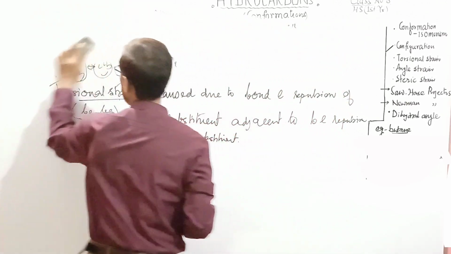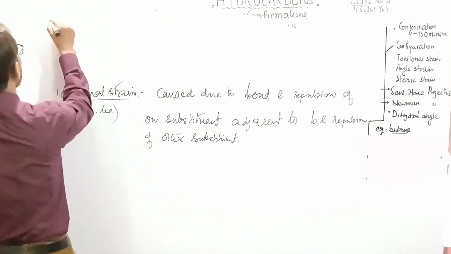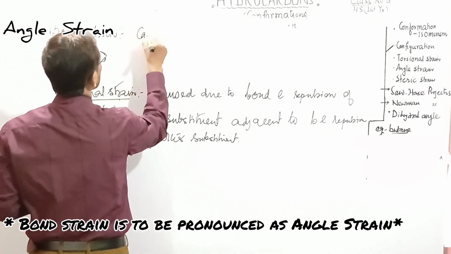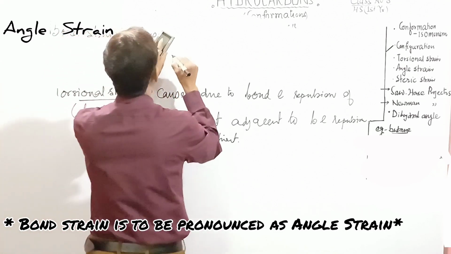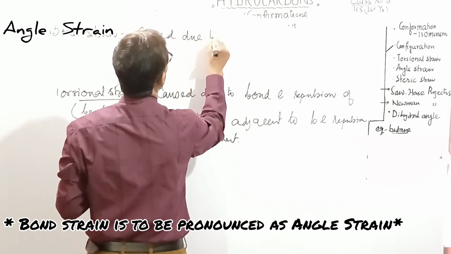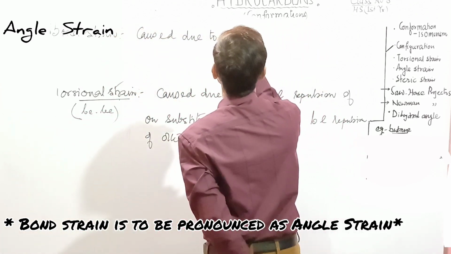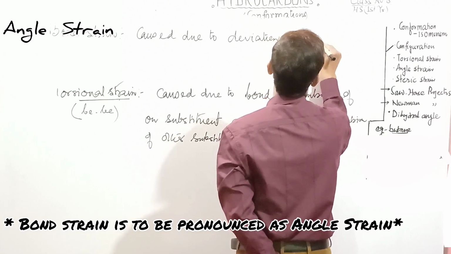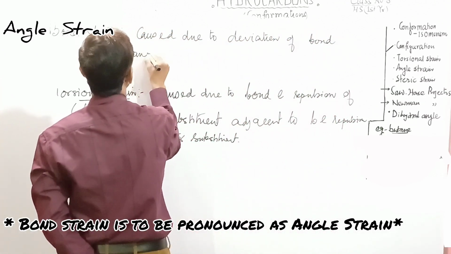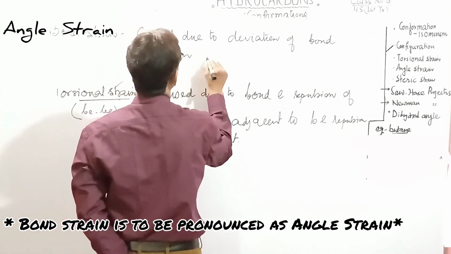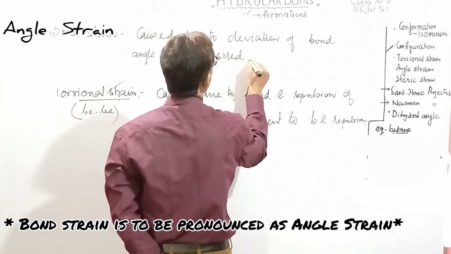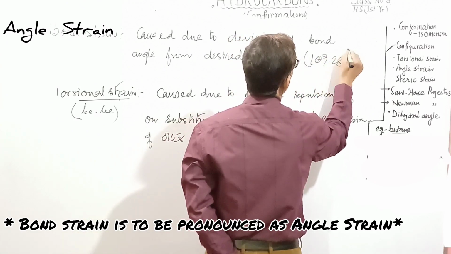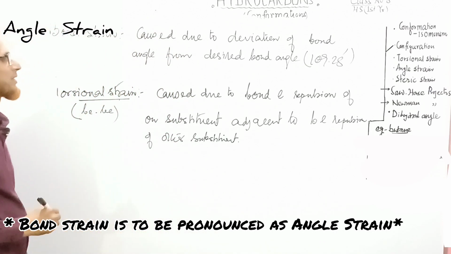Now the next one is bond strain. Bond strain is due to deviation of bond angle from the desired bond angle, 109.28 degrees.